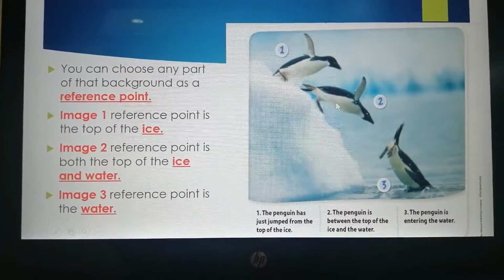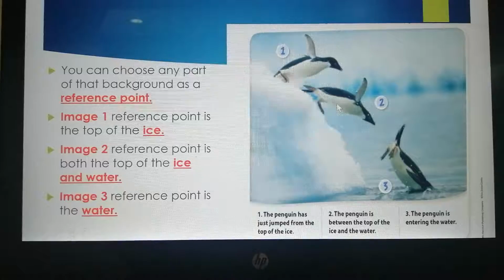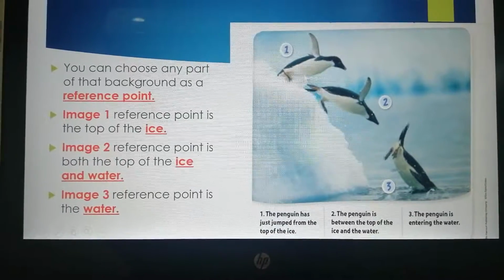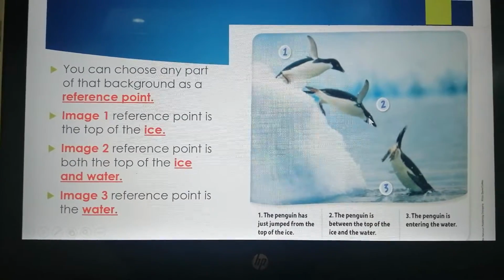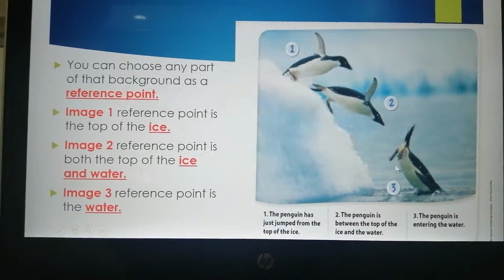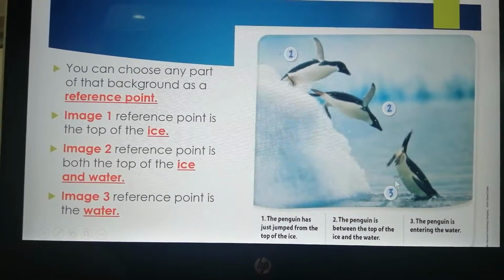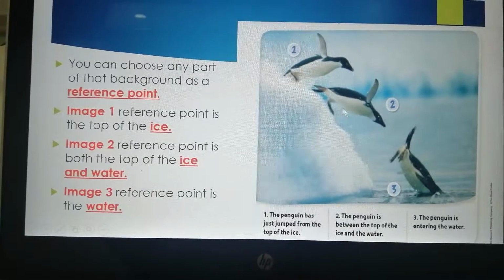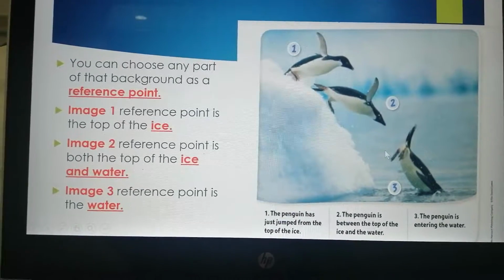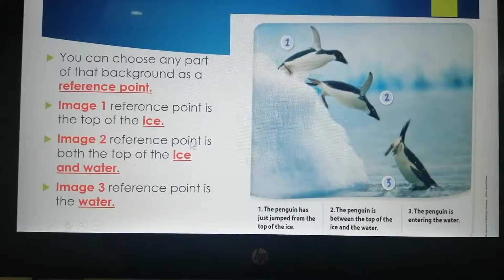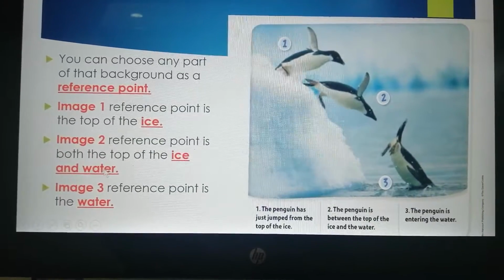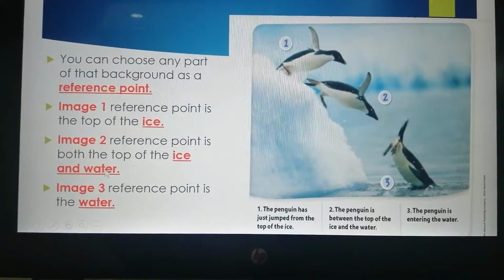Image 2. In image 2, we see the penguin is in between the top of the ice and the water. So we related it to the top of the ice and to the water. It is in the middle between the top and the water. So what is the reference point here? The ice and the water.